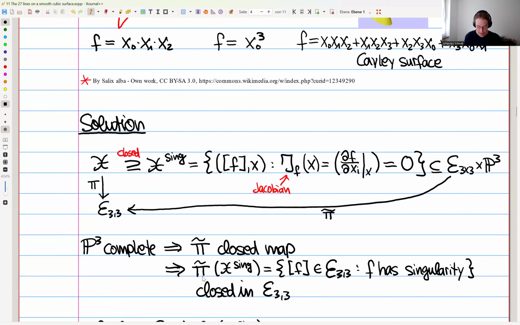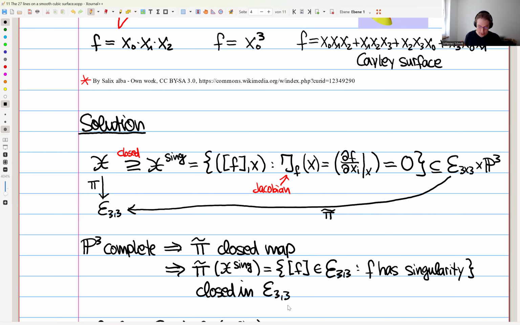So if we take the image of this closed set, then it's still closed. But what is the image? Well, it's just all of the equations f such that there exists a singular point x inside the vanishing locus of f. So it's just the equations f such that V(f) has a singularity, maybe. And this is closed inside E33.